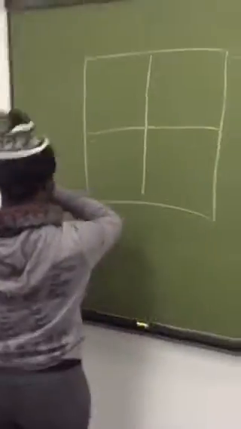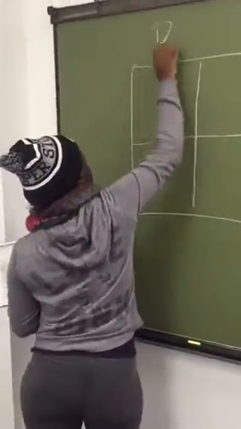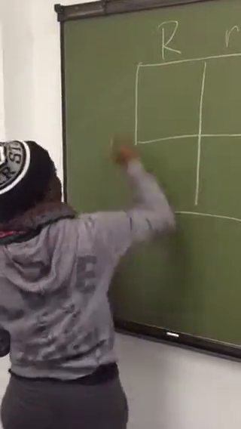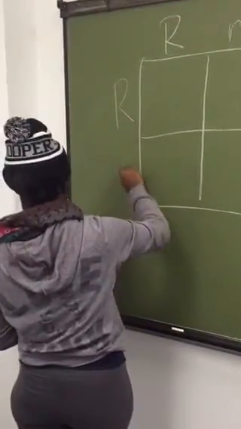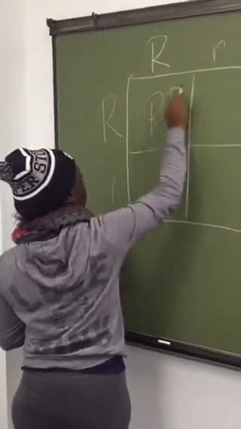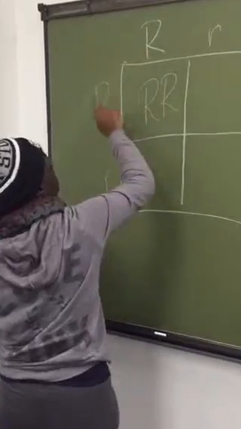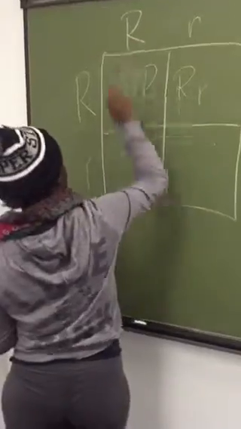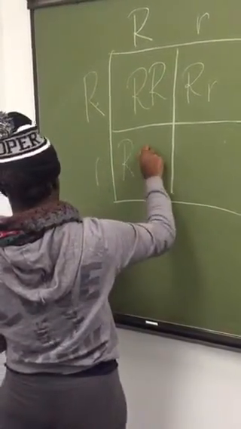I'm going to demonstrate it down here. Here we have a Punnett square. That's the box. Got a big R, little r. Big R, little r. Then you have big R. This times this makes big R, little r. This times this makes big R, little r.